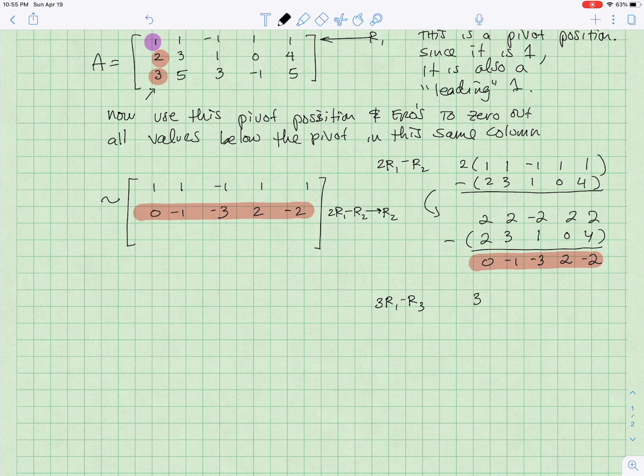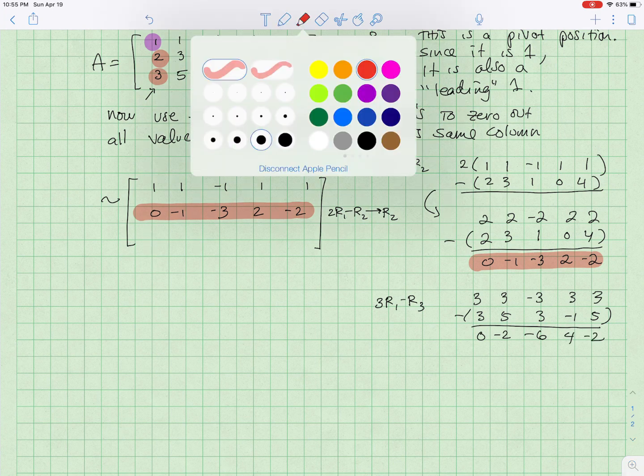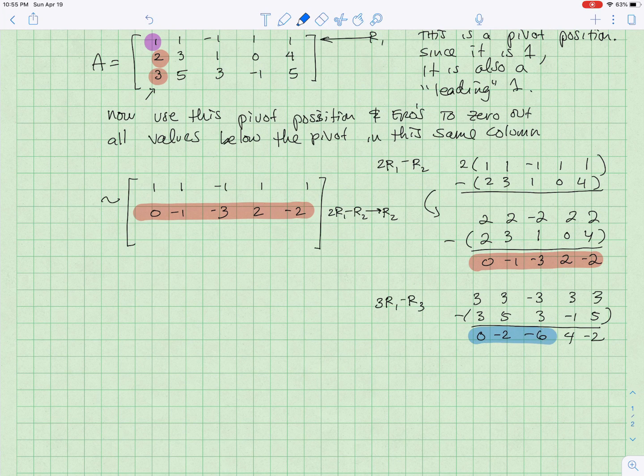That's 3, 3, negative 3, 3, 3, and 3, 5, 3, negative 1, 5. We subtract, and our new row 3 is going to be 0, negative 2, negative 6, 4, negative 2. So let's see here, that's my new row 3.